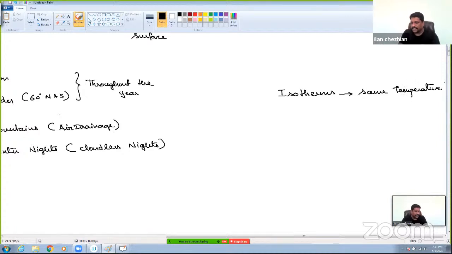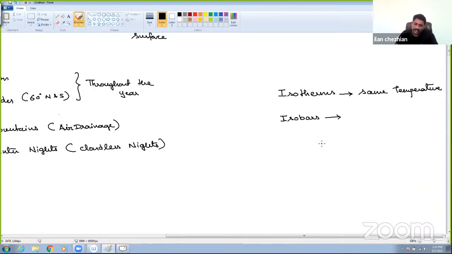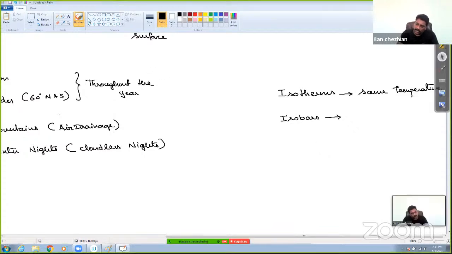Correct. So isotherm I understand. Now you have to tell me what do you mean by this isobars, my friend. Any idea? See, don't go for the definition. Right, very good. It is for pressure. Because just now I said bar is a unit for measuring what?